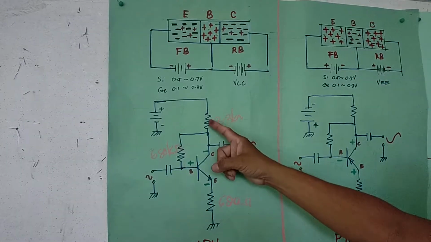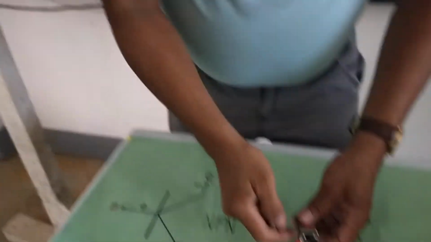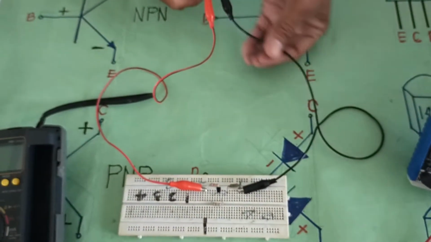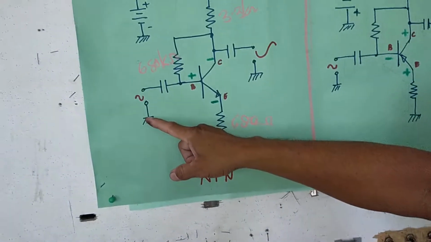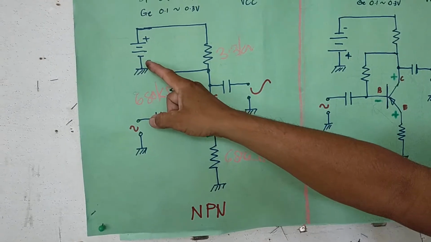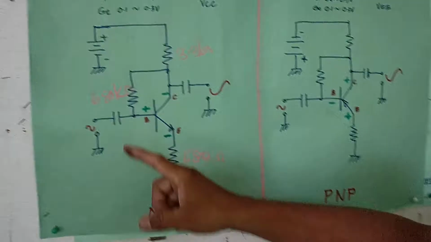One of the terminals of this resistor is connected to the positive side. Then the negative side of the battery is connected to this terminal here. All these ground symbols are actually connected together and they are connected to the negative side of the battery.